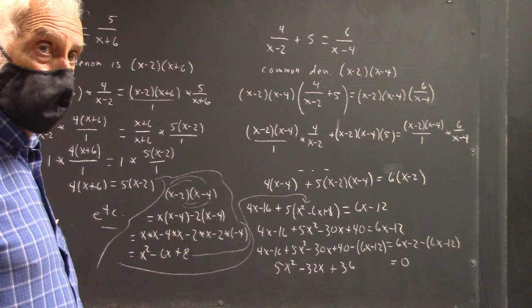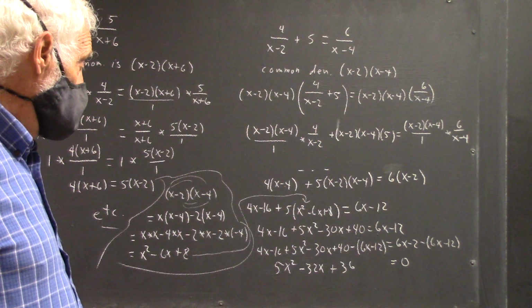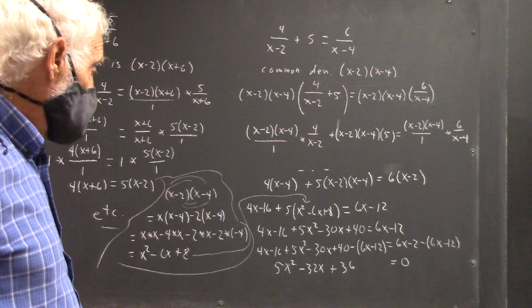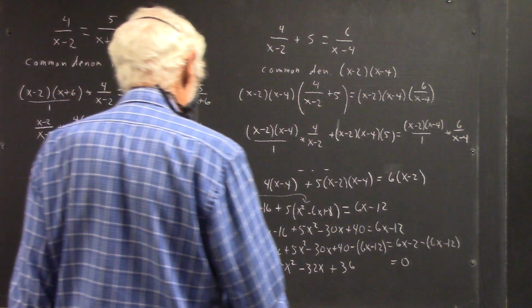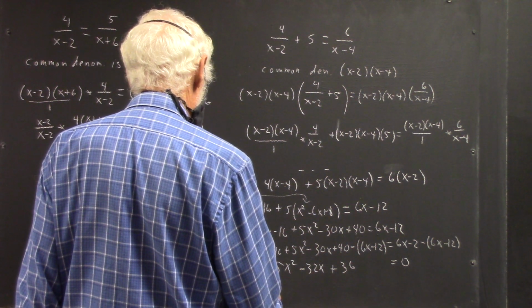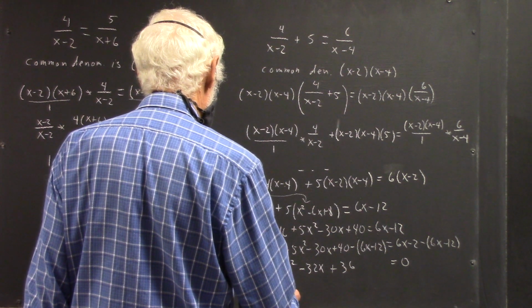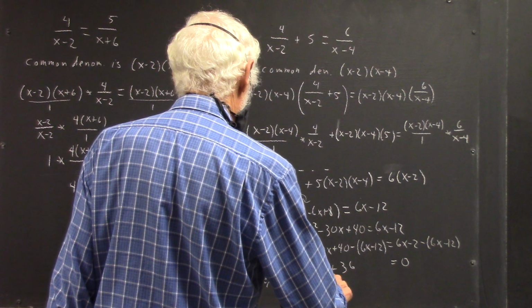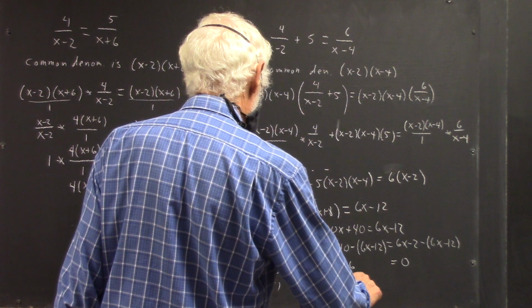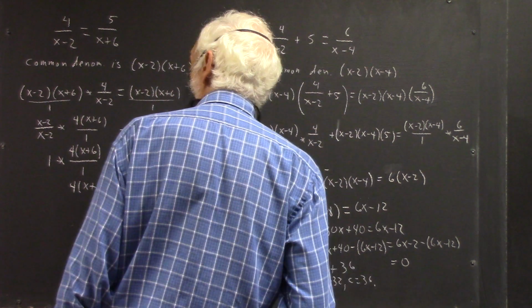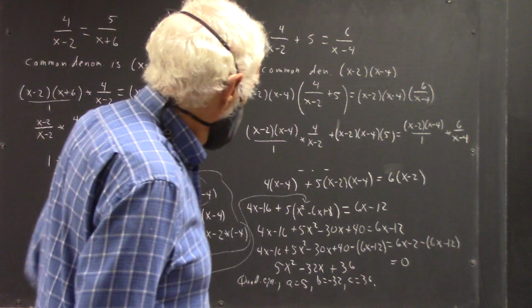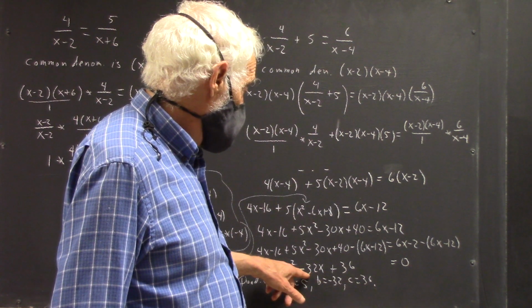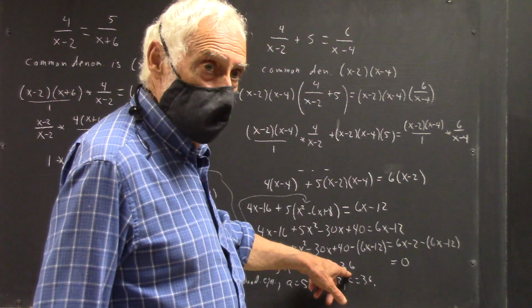Okay? Then here's our quadratic equation. We identify it as a quadratic equation with a equal 5, b equal negative 32, and c equals 36.